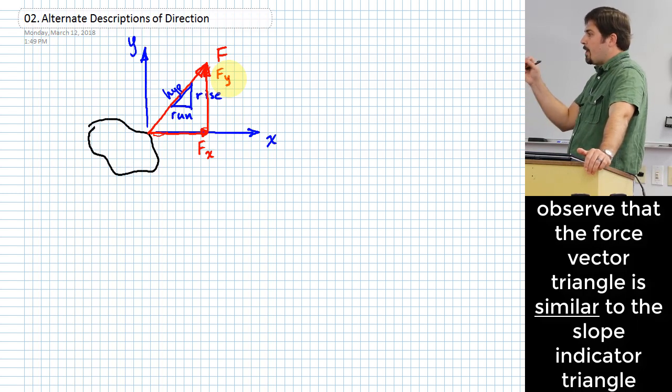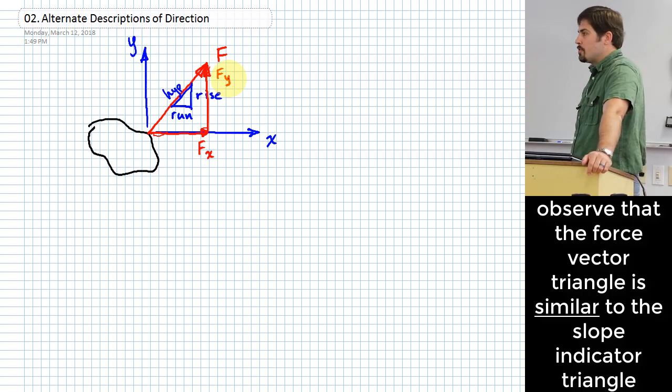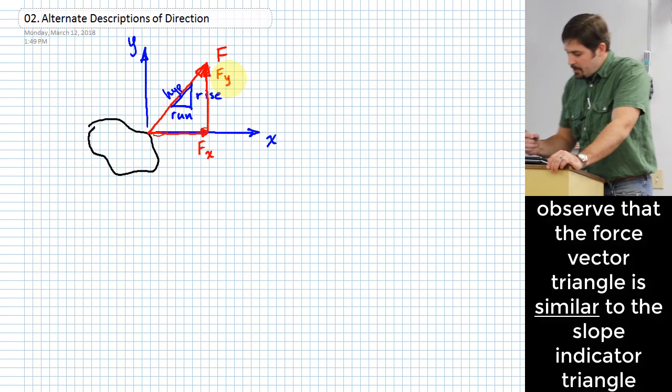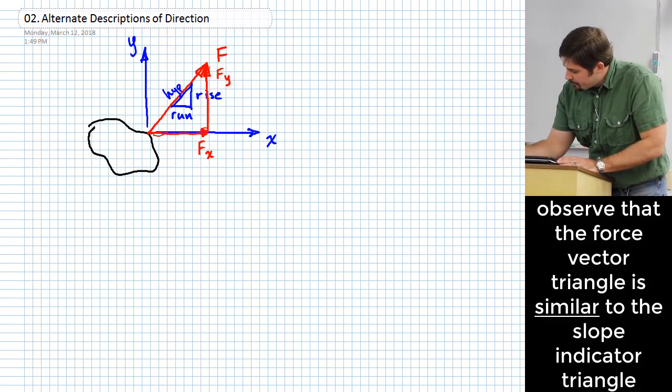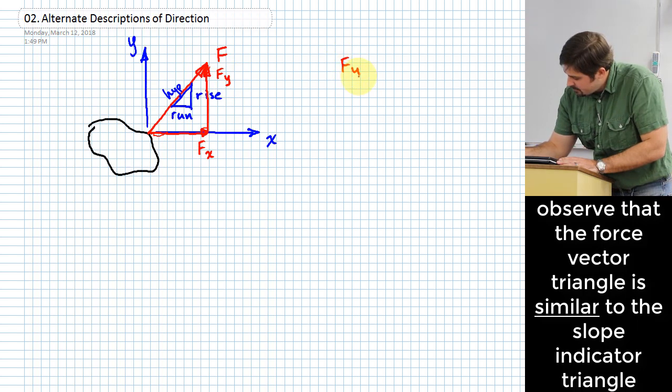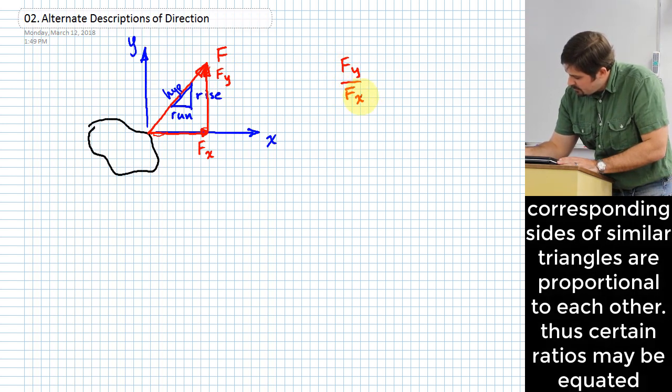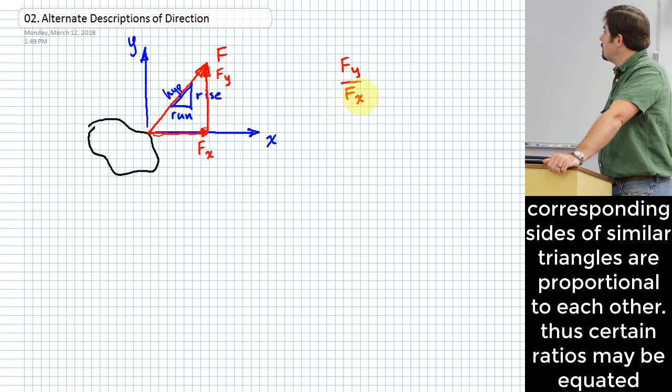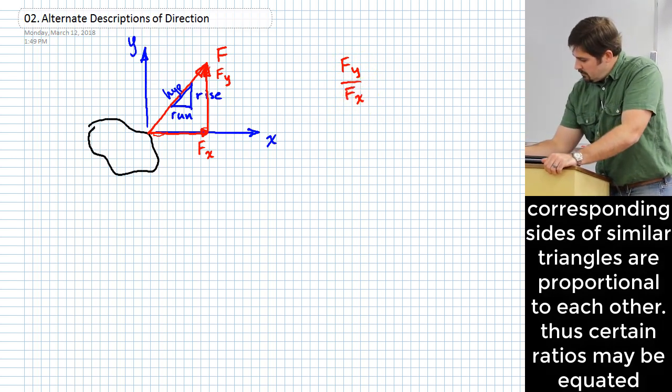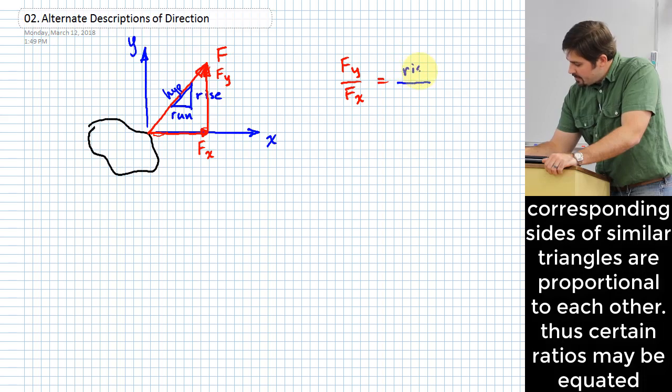The corresponding sides should be proportional to one another, which tells me, for instance, that if I want to know the ratio of Fy to Fx, it should be equal to the ratio of rise over run.